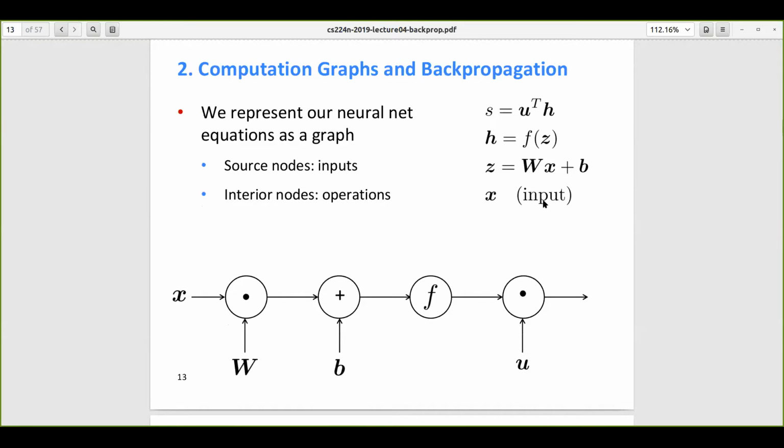So you have the input X, then you take the net input, which is Z, and pass that through an activation function, which gives you H. Then H, before going to the output layer, is multiplied by its own weight matrix U transpose. So S is our final output.